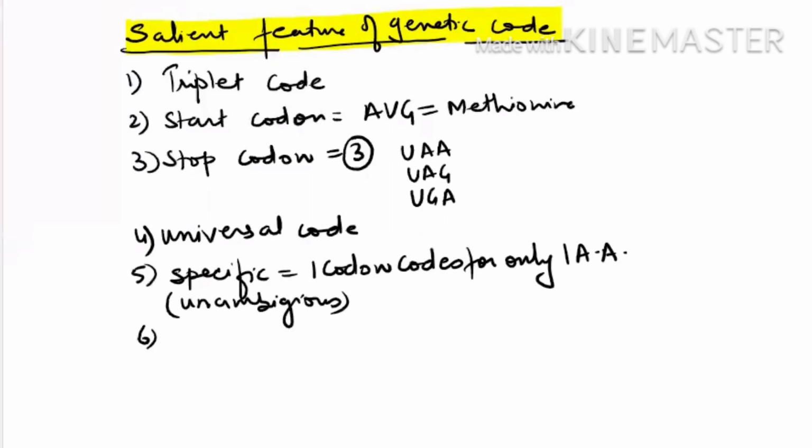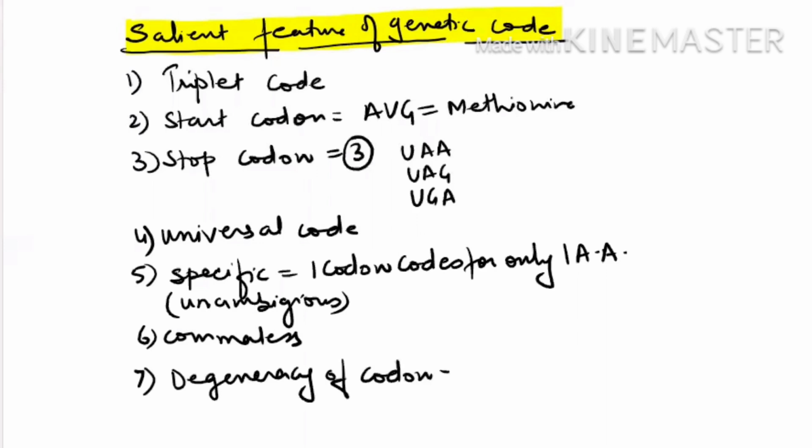Then next, they are commaless. Codons also show degeneracy, which means one amino acid can be coded by many codons.